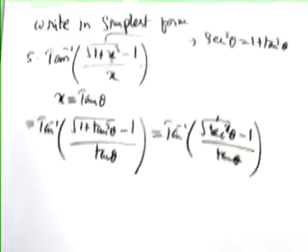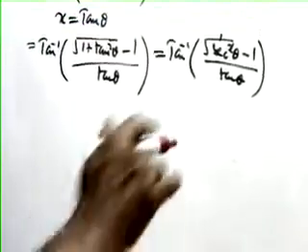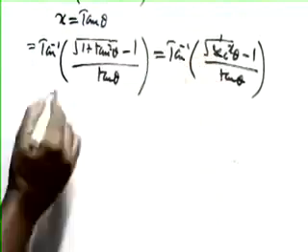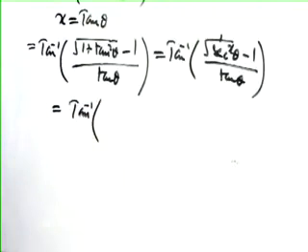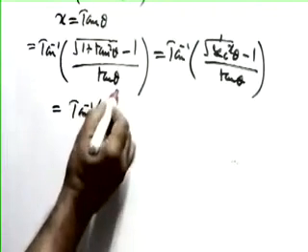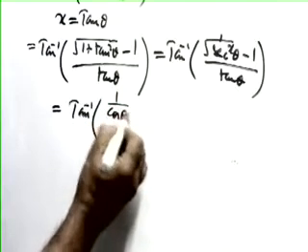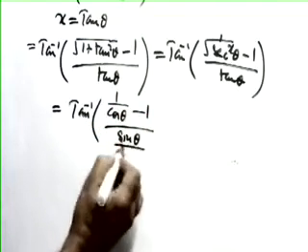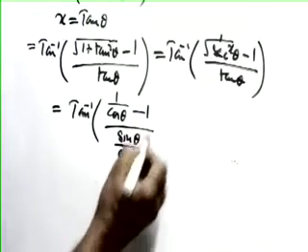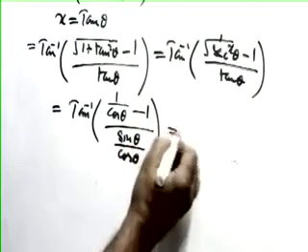Now see here, the square root will get cancelled. Now what is secant theta? Secant theta is 1 by cos theta. Tan theta is sin by cos theta. Let me change like this. Tan inverse of secant, which is 1 by cos theta, minus 1 by tan theta, which is sin theta by cos theta.